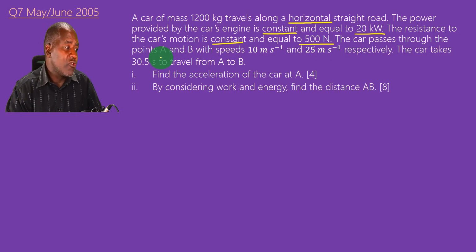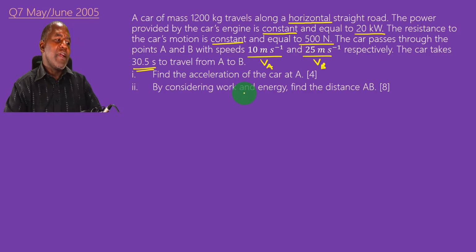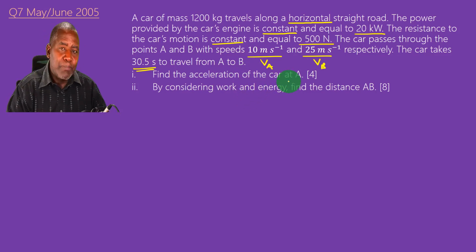The car passes through points A and B with the speeds of 10 meters per second and 25 meters per second. In other words, this is the speed at point A, this is the speed at point B. The car takes a time of this many seconds to move from point A to point B. Find the acceleration of the car at point A.